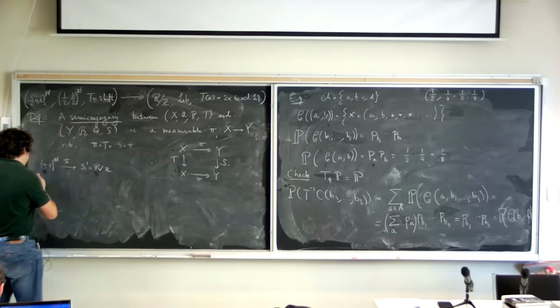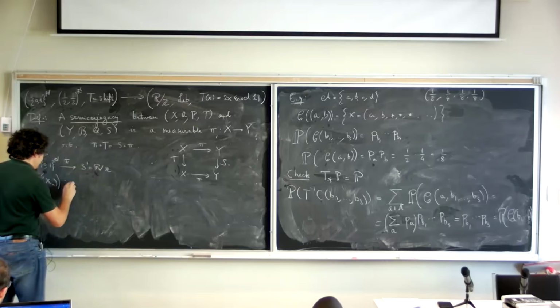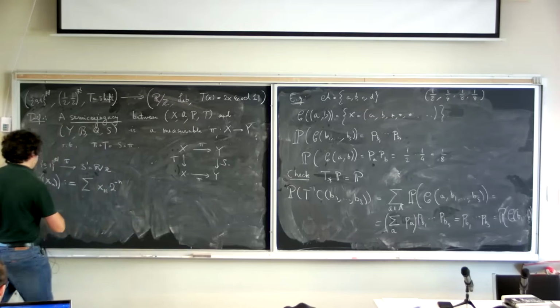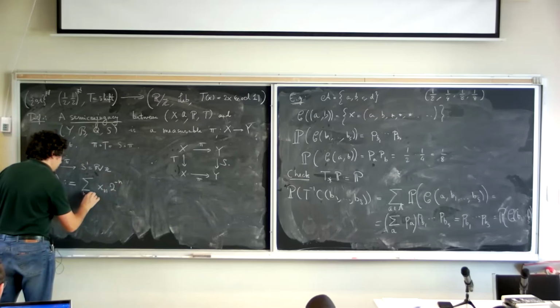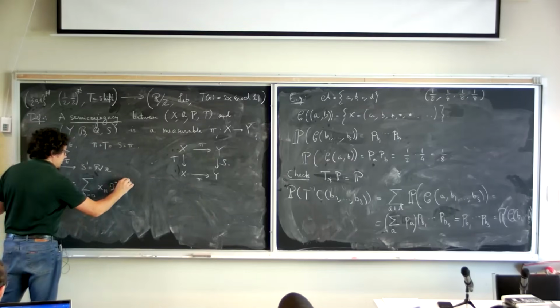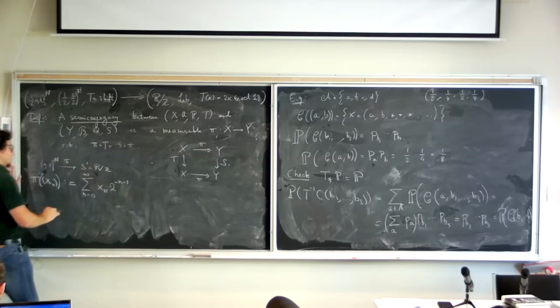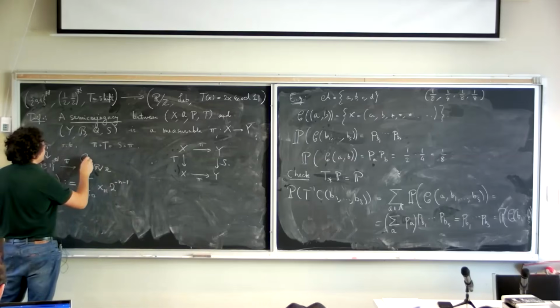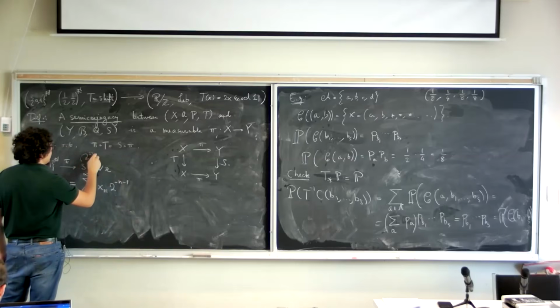So here's the map: pi from X, (x_n), to the sum of x_n 2 to the minus n. It depends where we start; let's say we start from 0. And you can check that if I shift the sequence here, I can apply the map S here, which is just S of x equals 2x.